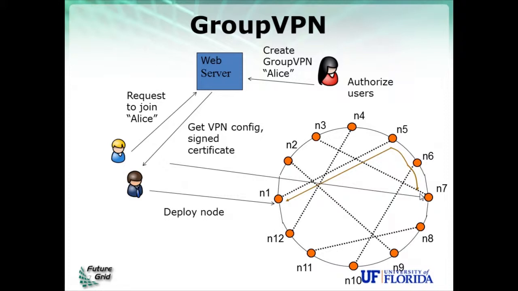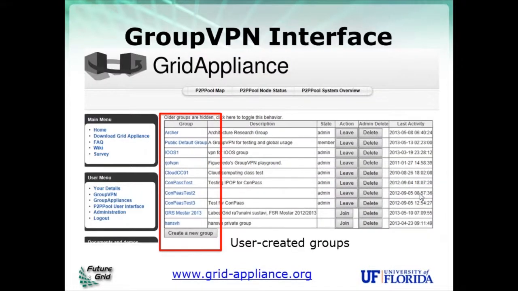and authentication. So this is what the user interface looks like. Here's a snapshot showing here in this highlighted box a number of user-created groups. Any user can create their own VPN on top of a public P2P overlay.